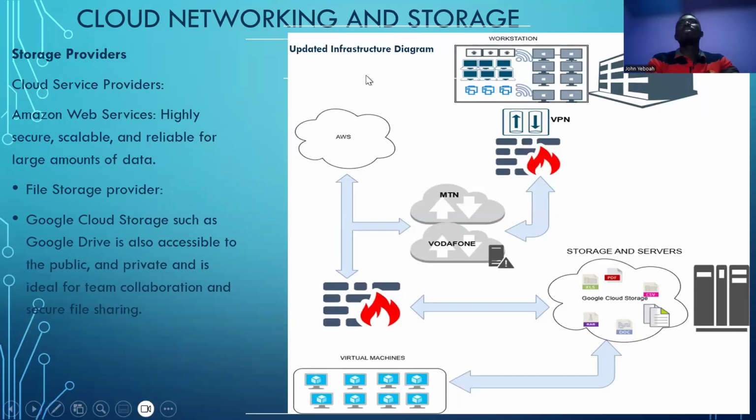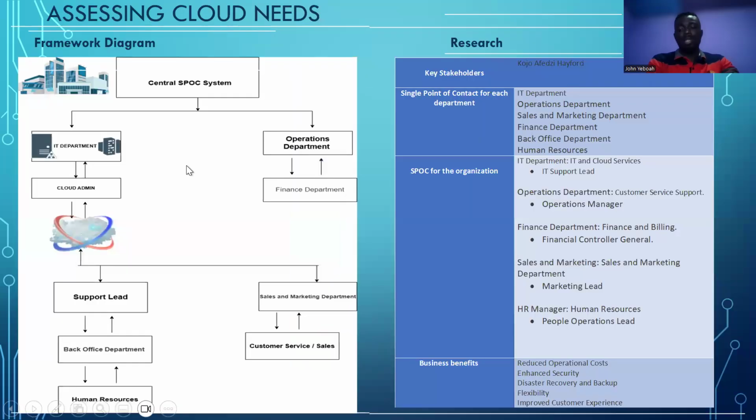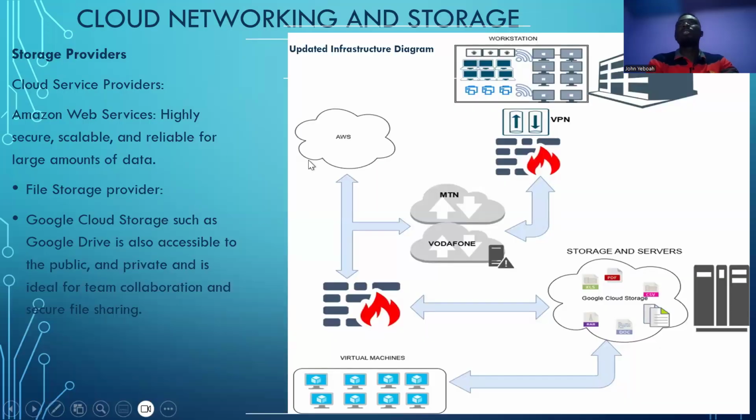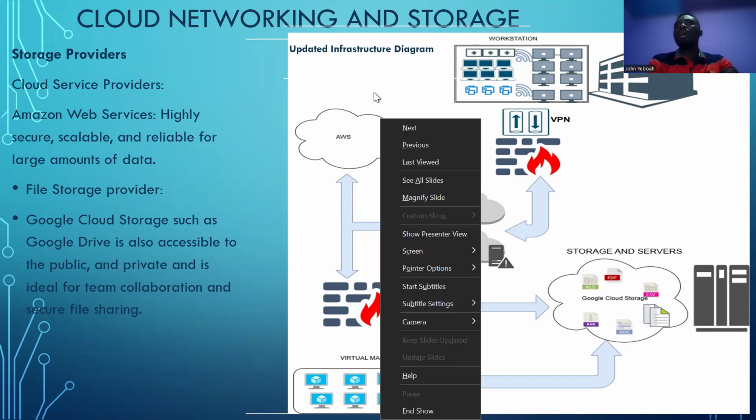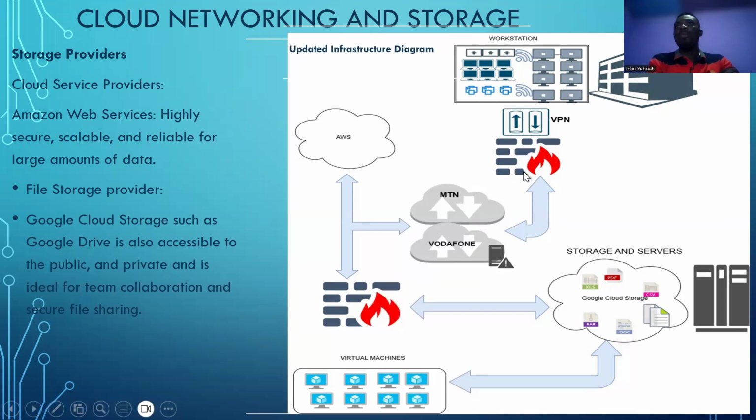Over here, this is an improved diagram that I sketched for the workstation. With this, we can see there is a VPN attached, and we have a firewall and a couple of internet service providers, MTN and Vodafone.